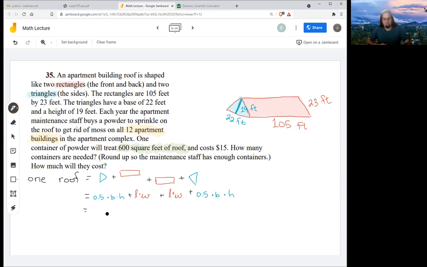Okay, now I'll plug things in. So the base was 22.